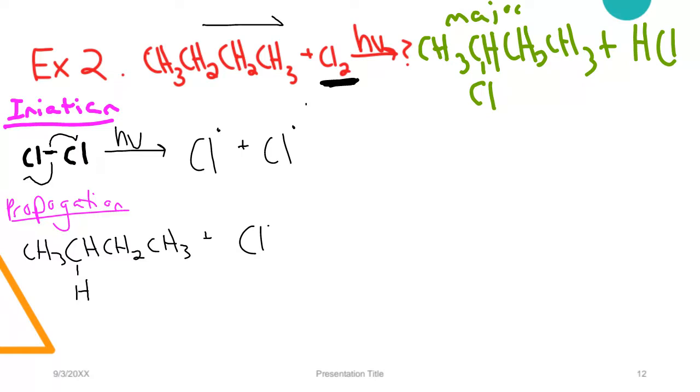So this chlorine radical is going to attack this CH bond. This CH bond will break. One of these electrons will go between the hydrogen and chlorine to form a hydrogen and chlorine bond, and then the other electron from this CH bond will stay on the carbon and form an alkyl radical.